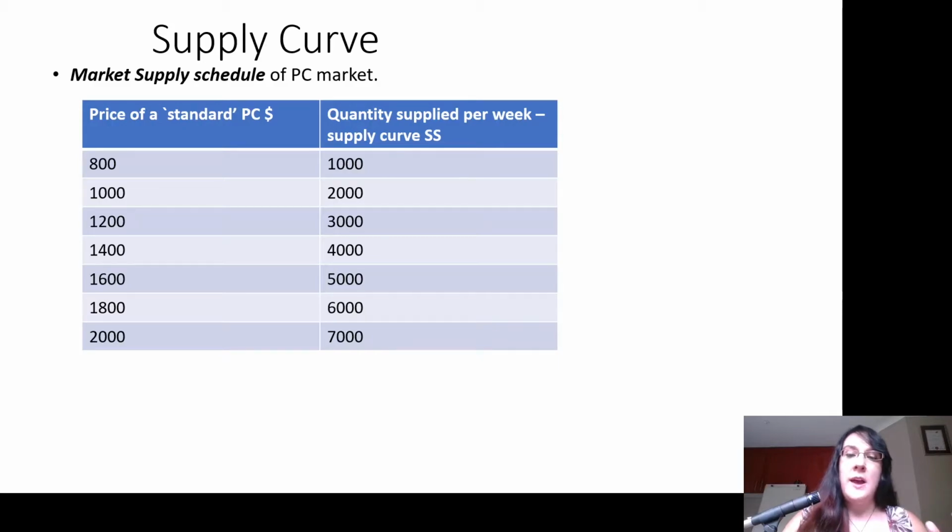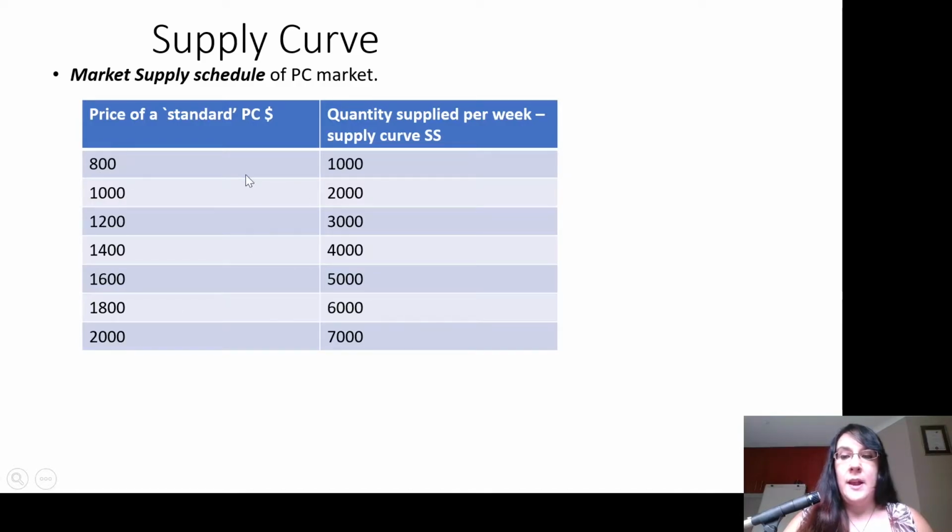So as I have told you, the relationship between price and quantity supplied is a positive one or a direct one. We can see here, if you have a look at the schedule, the prices go from 800 to 2000.